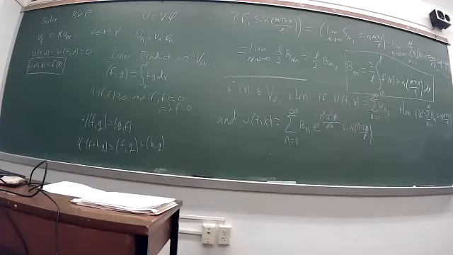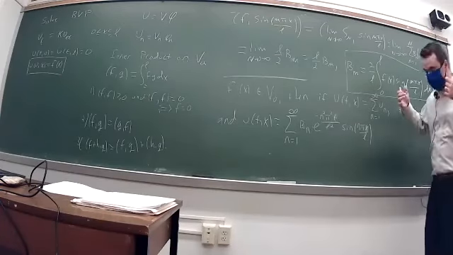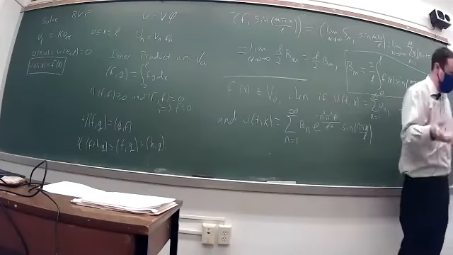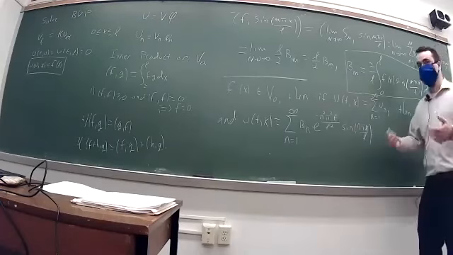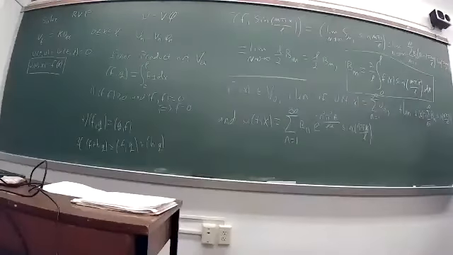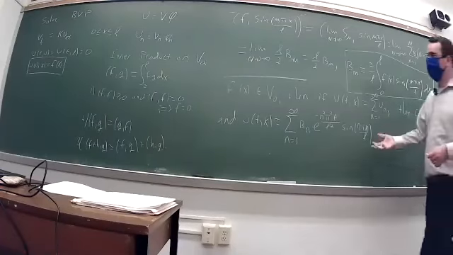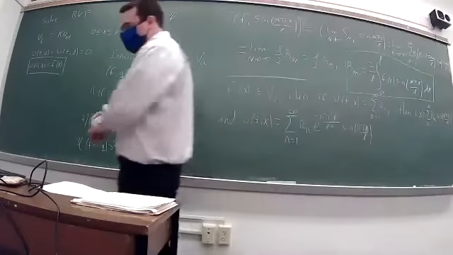And the good news is that at least it works for the sandbox of functions that we like to play with in calculus, like polynomials, or e to the x, functions that are real analytic. So that is kind of good and comforting, and you can start doing real examples.